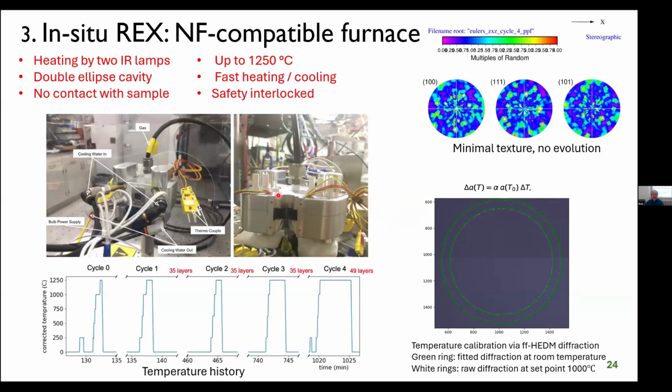And I should point out that in spite of the constraints of the near field measurement, that is to say, you want to be able to rotate the sample, but you would like to have an in situ environment, in fact, we were able to do that in this measurement. We have this little fist-size furnace.